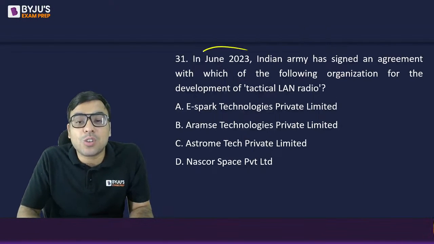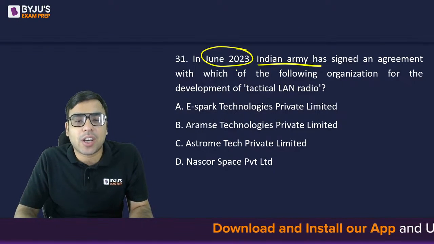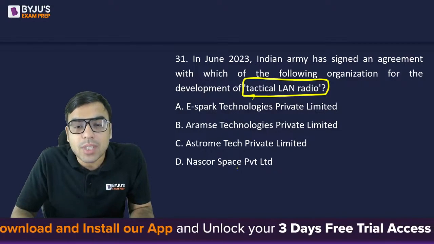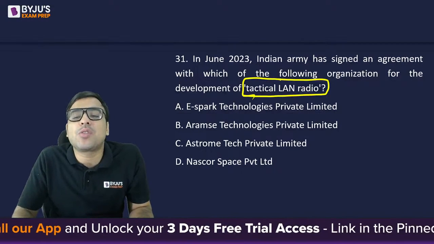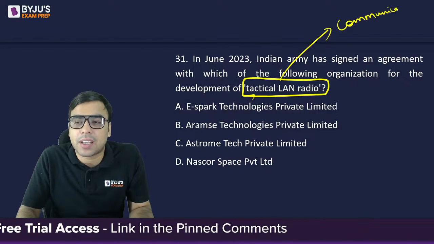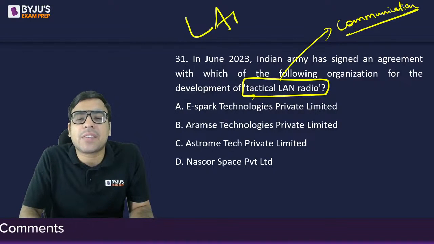The next is, in June 2023, Indian Army has signed an agreement with which of the following organization for the development of tactical land radio? This is actually used, I mean, for communication purpose for army, है ना? Communication purpose के लिए. Okay. LAN मतलब local area network. Okay.